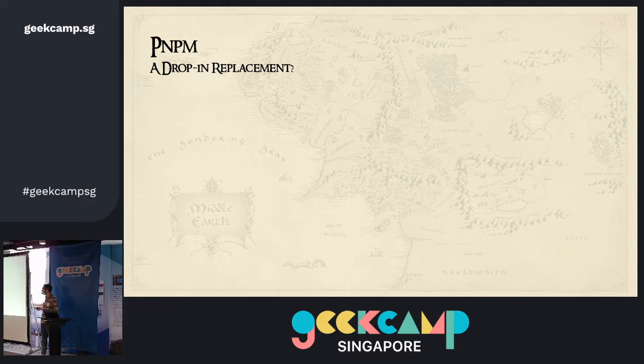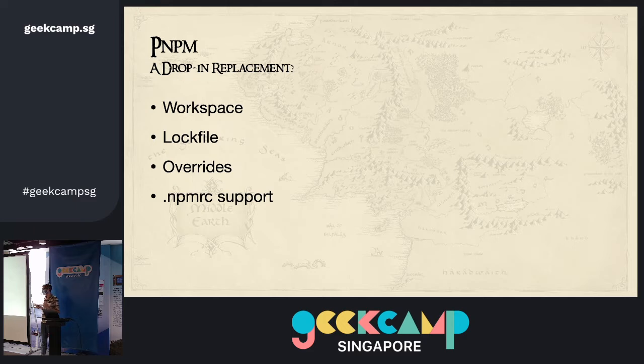You can use PNPM in basically every repo that you have that uses NPM. So you can handle workspaces, you can handle your lock file to set exact versions of your dependencies. You can override some packages. You can read the default config file from the .npmrc as well. And if you want to execute some package without installing, you can do so with pnpx, which is basically the same thing as npx.